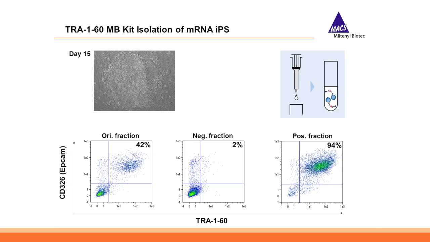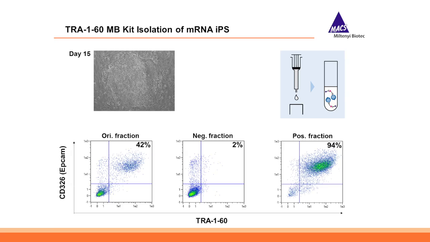So in the original fraction, just after the reprogramming, you have, for example, here just 42% of pluripotent stem cells. And if you now place all these cells, also with the negative cells, on the column, you get out a negative fraction first of all, so what is washed out and doesn't bind to the column.